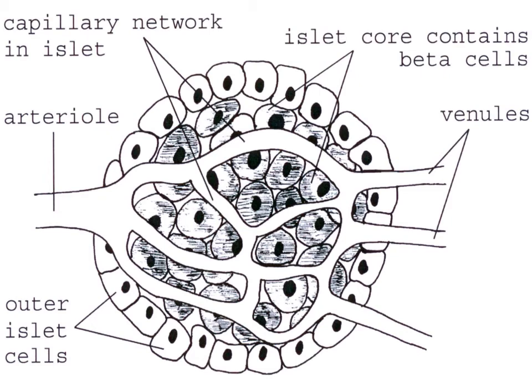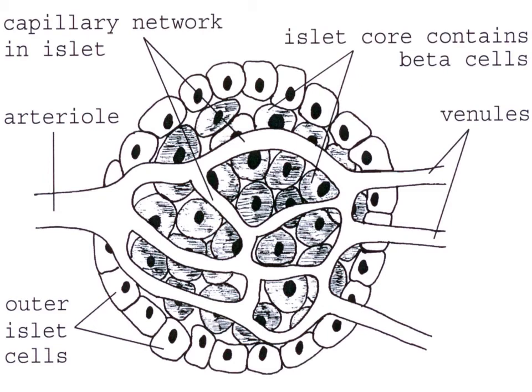Now, the core of each pancreatic islet is more concentrated in beta cells, and these are sensitive to increases in blood glucose levels. So the beta cells detect an increase in blood glucose levels, and when this is detected, they respond by producing insulin.